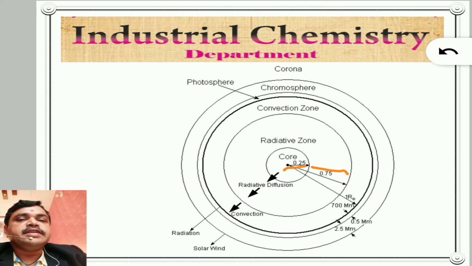Please note this is the main point. In the fusion reaction, 4 million tons of hydrogen per second is converted to helium. So we have much more energy from the Sun.